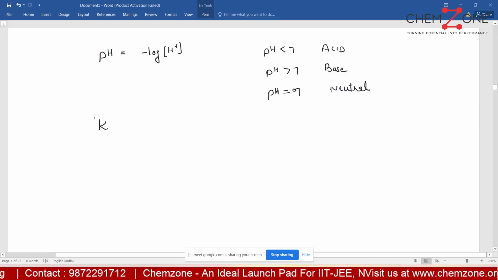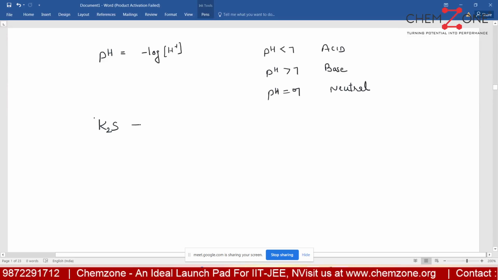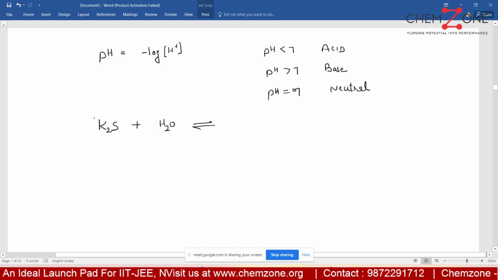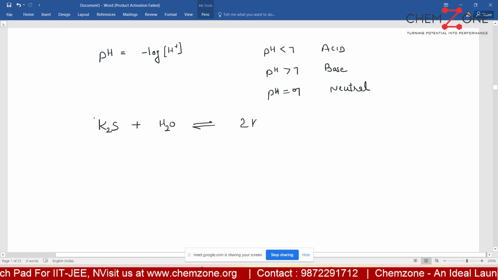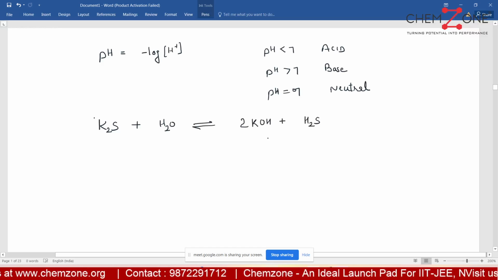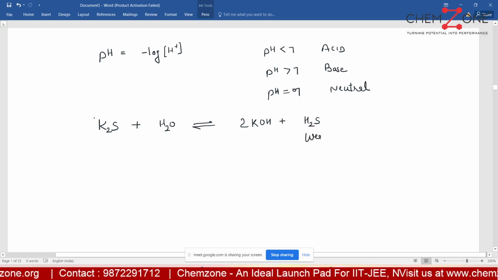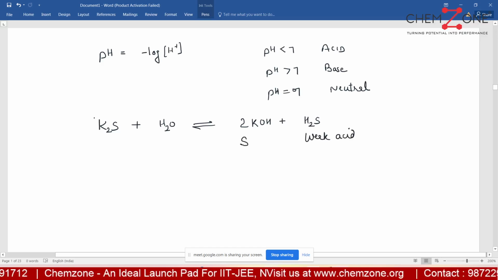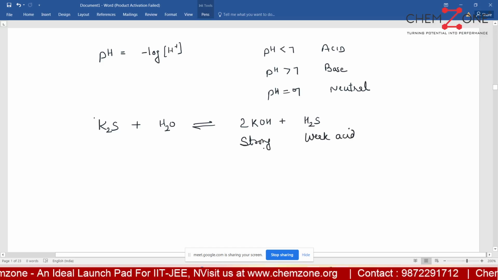No. Potassium sulfide, when dissolved in water, I'm making an aqueous solution. It will form KOH plus H2S. This is a weak acid and this is a strong base.